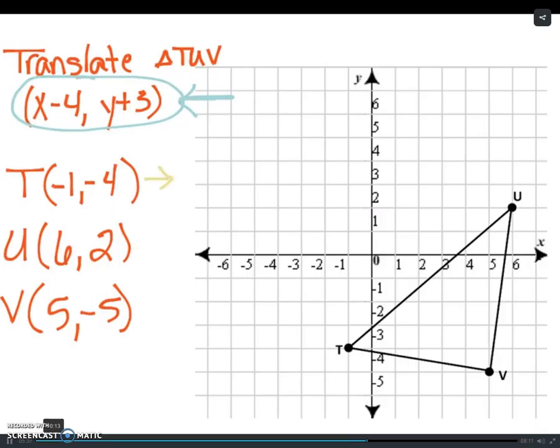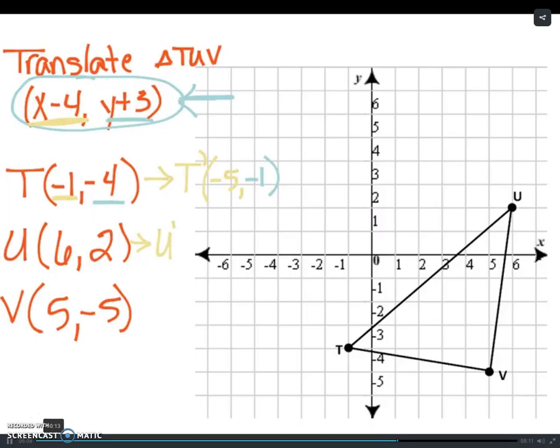And as we do that, we are going to have a new set of coordinates, right? So for T, we're going to have -1, and we're plugging that in because it's the x coordinate, so we're plugging it over here. So it'd be -1 minus 4. So we're going to have -5, and then for the y coordinate, we have -4 plus 3. It's going to be -1.